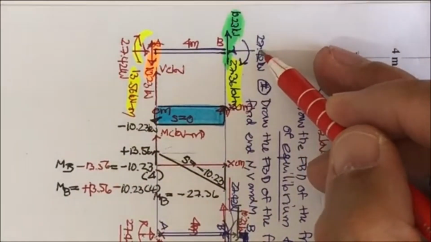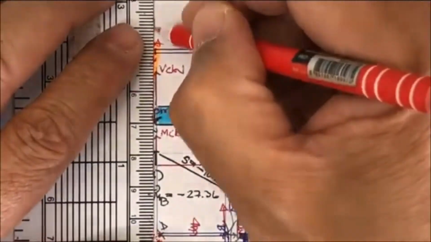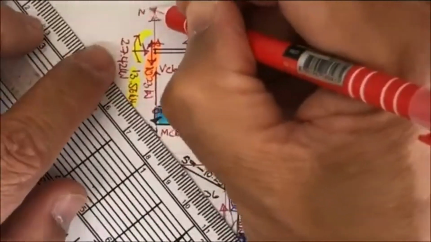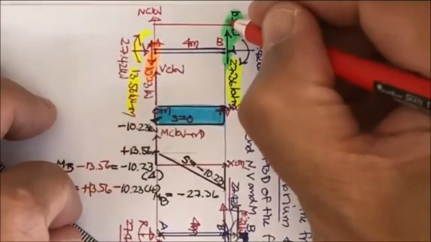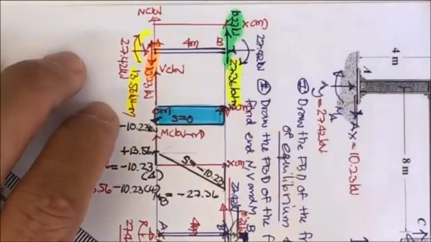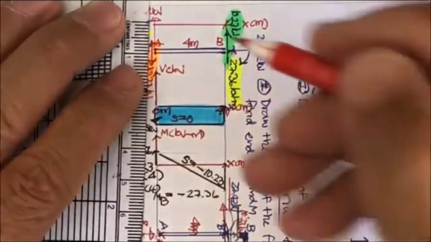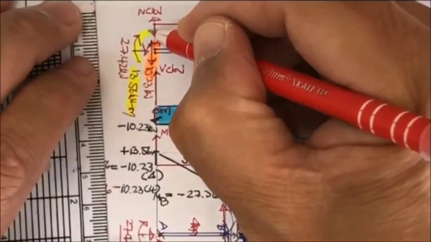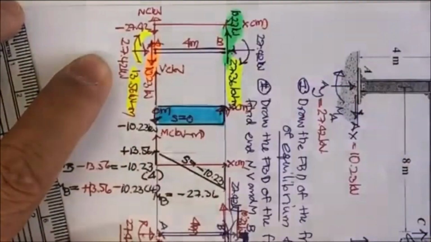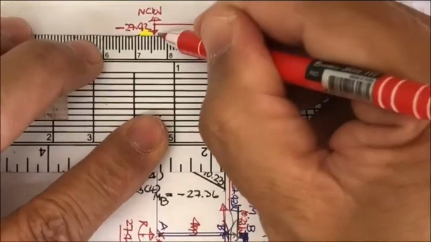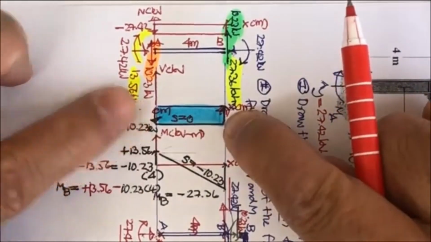Okay, if you like to draw the axial force, you may set the N in kilonewton here, and also you have the x-axis here, x in meter, and what you get, this compression is negative. Okay, 27.42. So this one is going to be minus 27.42, and your axial load diagram is going to be like this. Okay, it's very similar to the shear diagram.